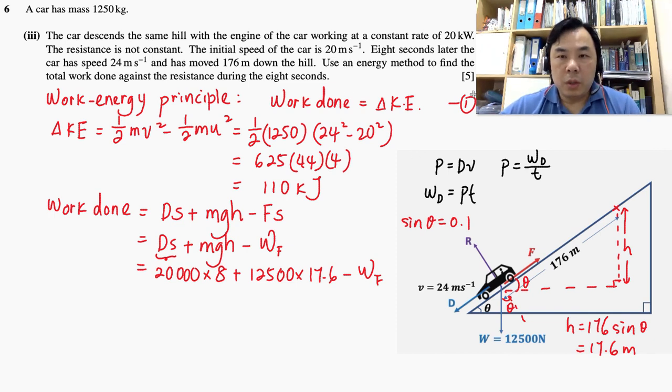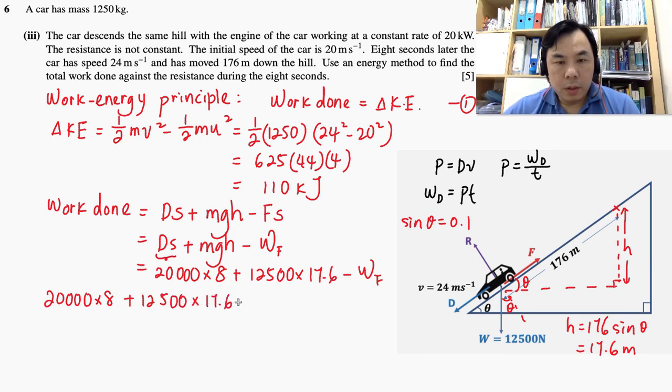By using equation number one, the work energy principle, I can relate all the numerical values and the work done against the resistance as one equation. So here you can see that I have, by 17.6, equal to the change in kinetic energy, which is 110,000.